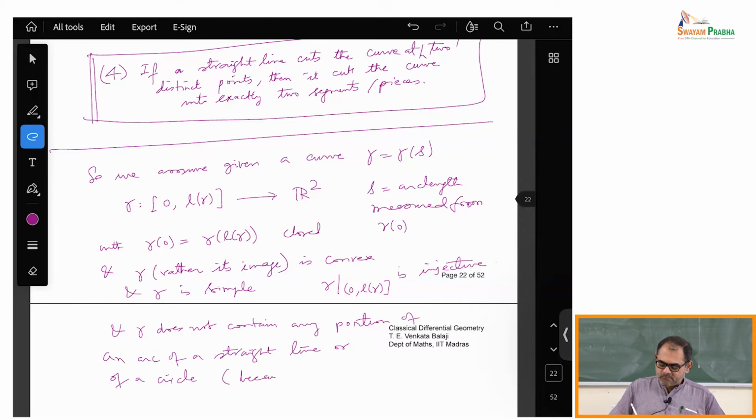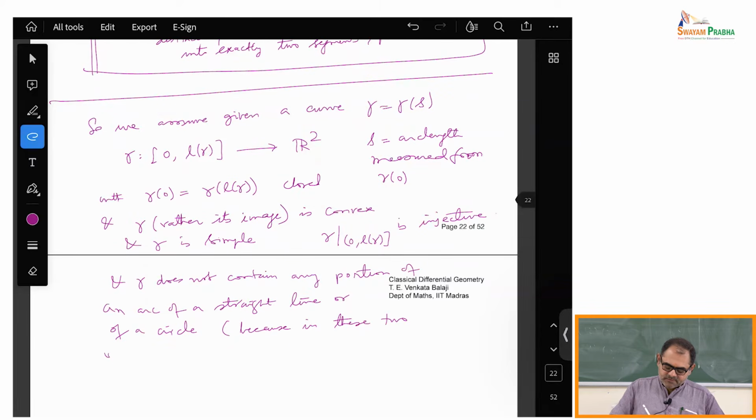Because in these two so-called degenerate cases, there are infinitely many vertices.